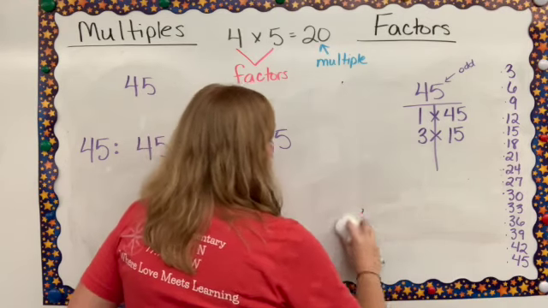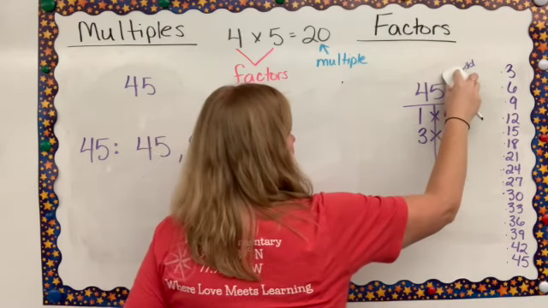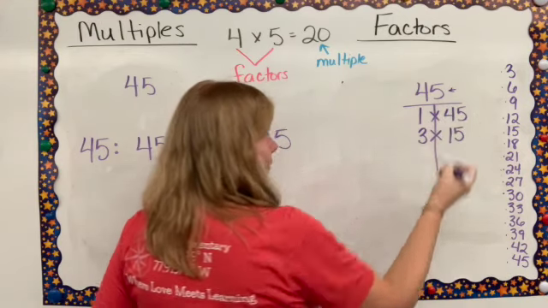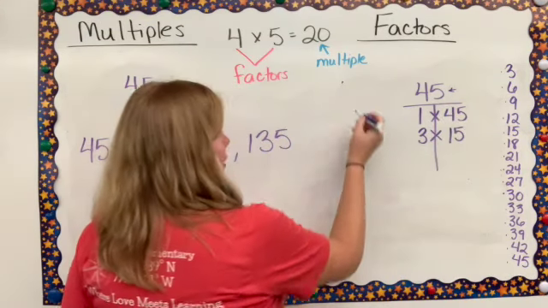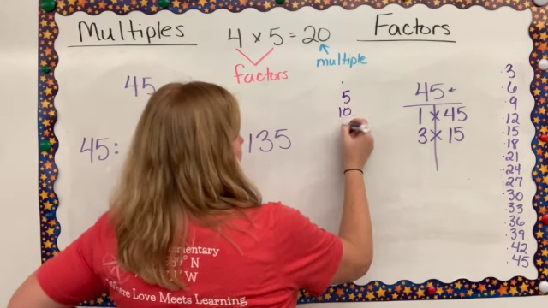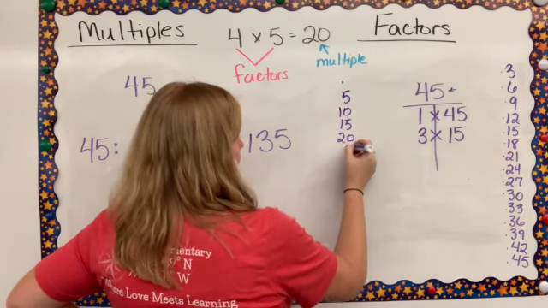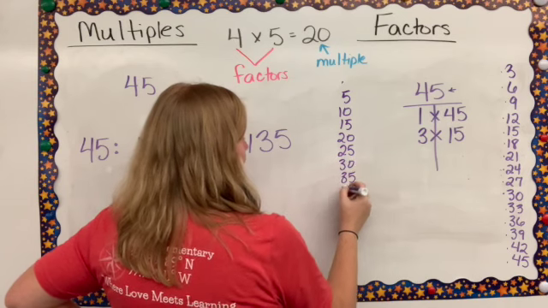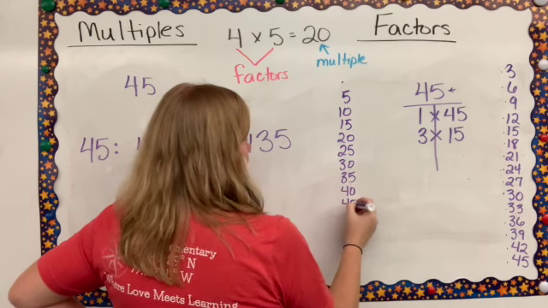Let's try 5s. I can go ahead and tell you 5 is going to work because the number is ending with a 5, so that means 5 will work. 5, 10, 15, 20, 25, 30, 35, 40, 45.